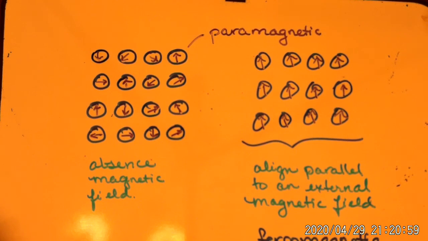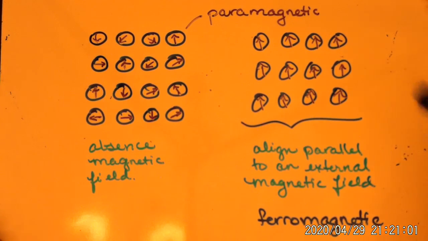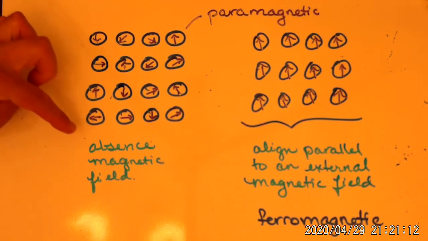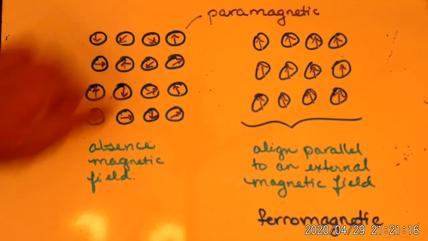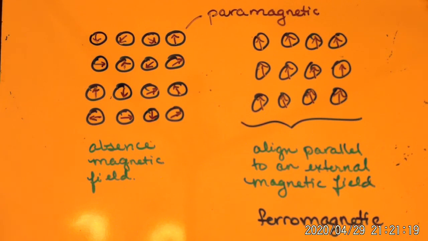So when I put in an external magnetic field, they all line up to it, then it's ferromagnetic. In the absence of a magnetic field, they are randomly oriented, but each one has a field because it's paramagnetic.